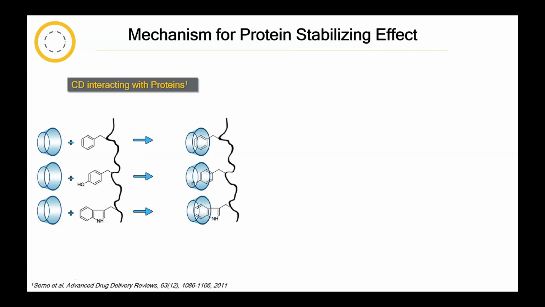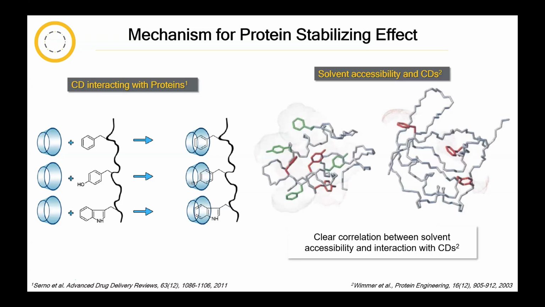There are some mechanisms, like the cyclodextrin can interact with part of the proteins, as you can see in the picture, or other mechanisms of action, like with the polymers, they can interact with the surface of the proteins, so they can increase the solubility and decrease the adhesion to the wall.